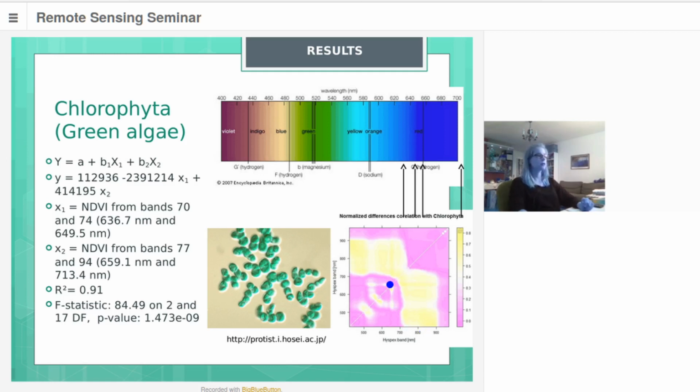So the idea, the way we made these formulas, we wanted to have some bands from this area, but also from this, so the formula will be more universal.